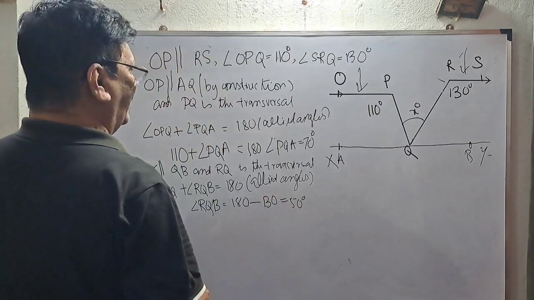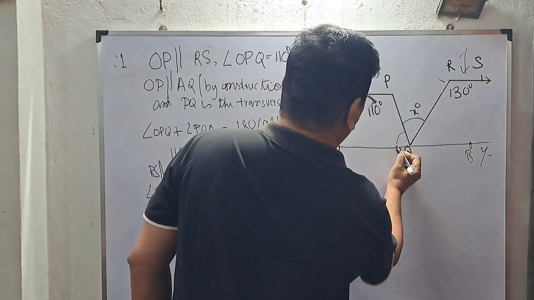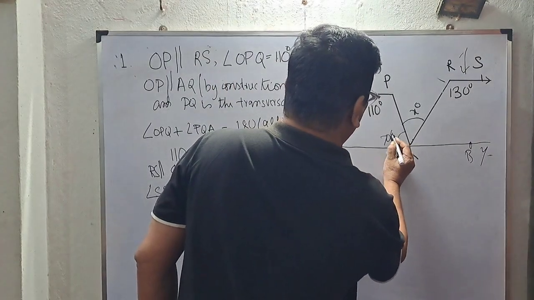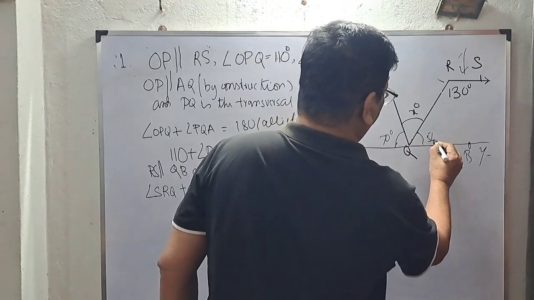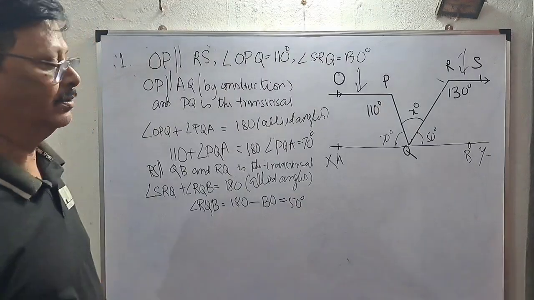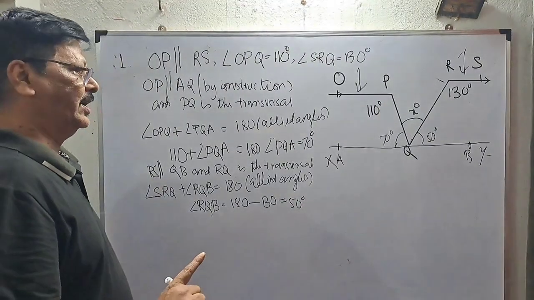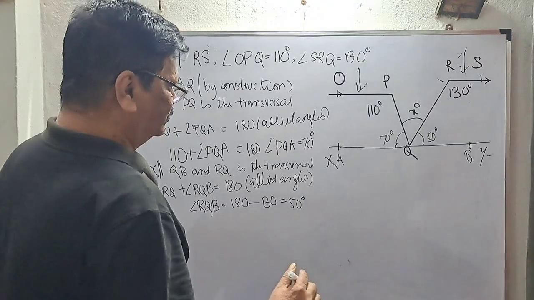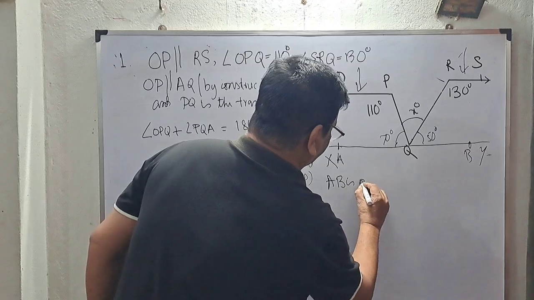So we found out the value of angle PQA, that is 70 degree, and the value of angle RQB, which is 50 degree. Okay, so far so good. Now we apply that angles lying on the same straight line add up to 180 degree. So we write AB is a straight line.